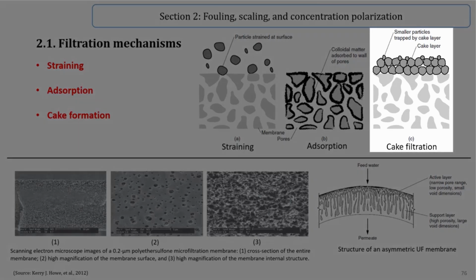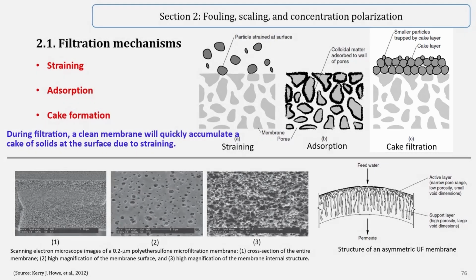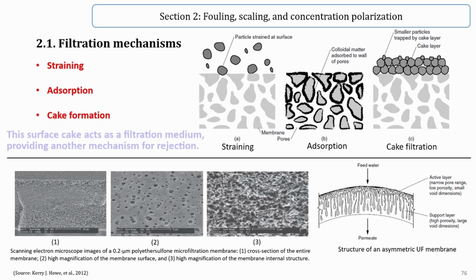Cake formation. During filtration, a clean membrane will quickly accumulate a cake of solids at the surface due to straining. This surface cake acts as a filtration medium, providing another mechanism for rejection.